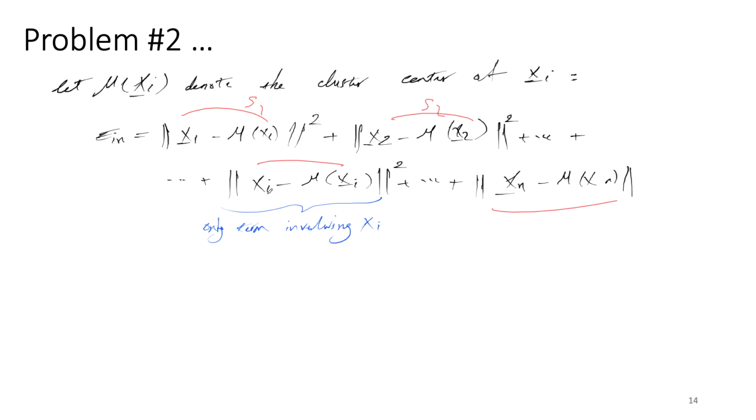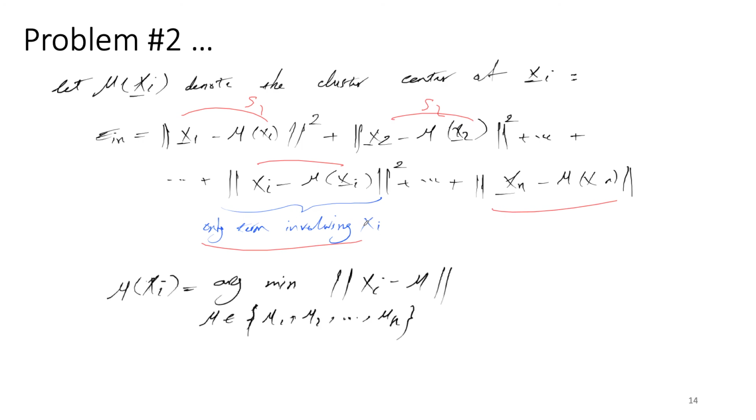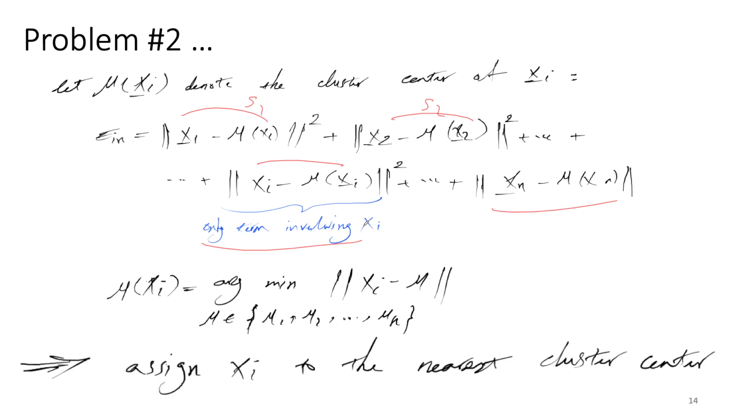So for x i, this is the only term involving the x i within that. So if you want to find the optimal solution for that, then the mu of x i, so that we find which of these clusters the x i should belong to, is just a matter of solving the minimization problem of that for all the mu's. And intuitively, as your colleague suggested, we have to assign x i to the nearest cluster, right?